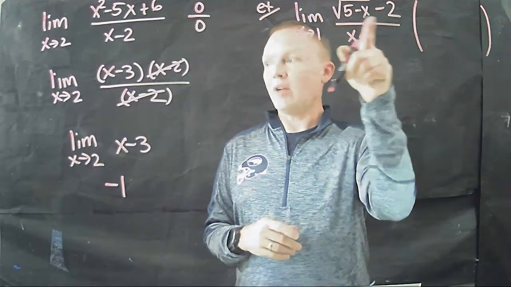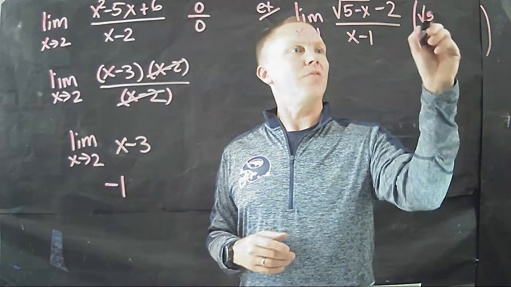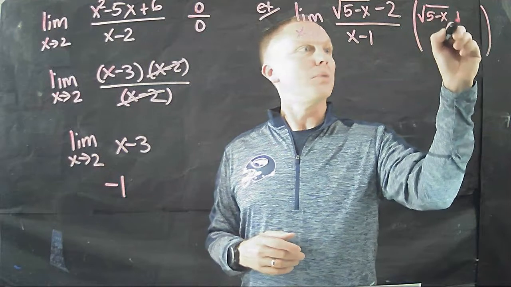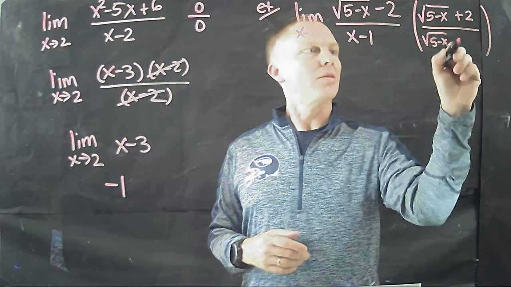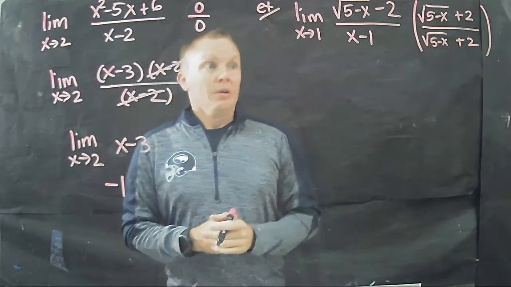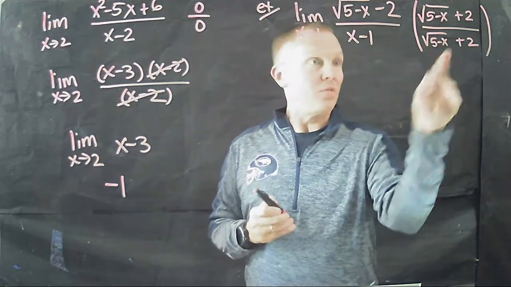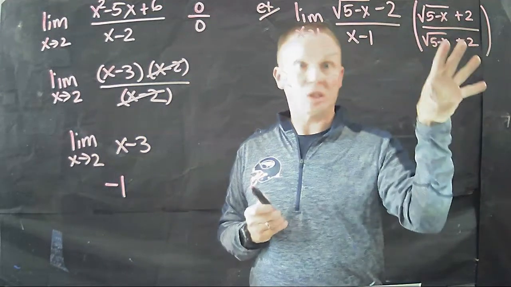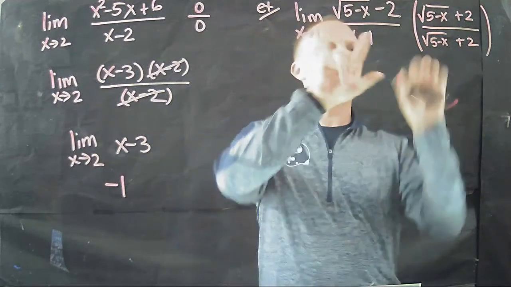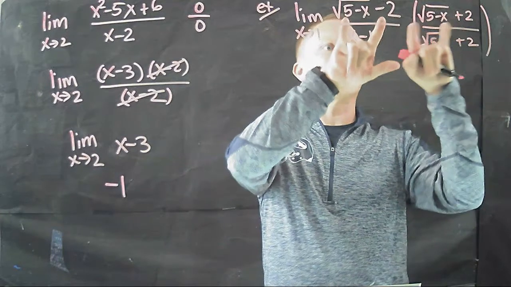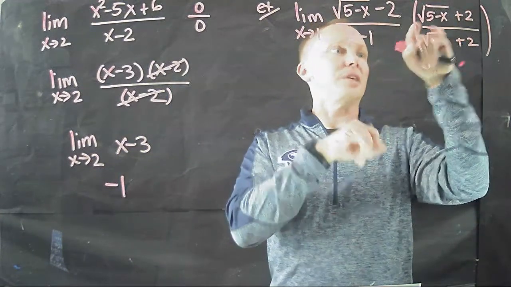I look at this radical in the numerator, and I think, okay, if I multiply by radical 5 minus x plus 2 over radical 5 minus x plus 2, all I'm doing is multiplying this whole expression by 1 because the numerator and the denominator are the same. So I'm not changing the value of anything. And what I've got now is a difference of squares that's been factored: radical 5 minus x minus 2, radical 5 minus x plus 2.